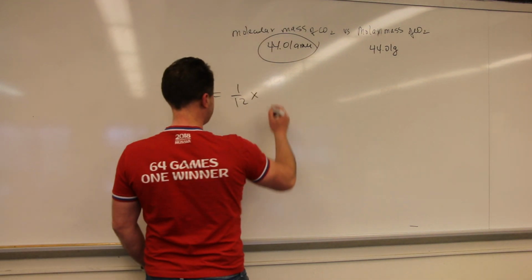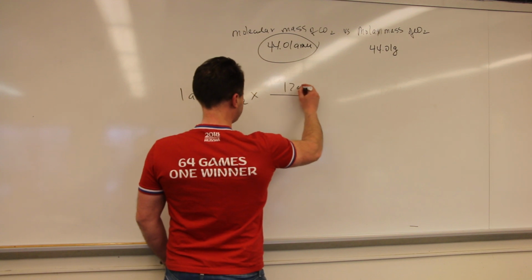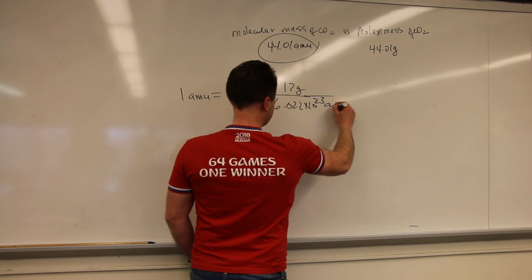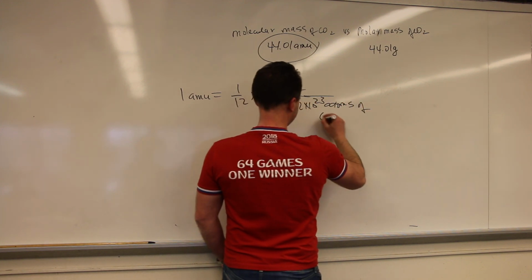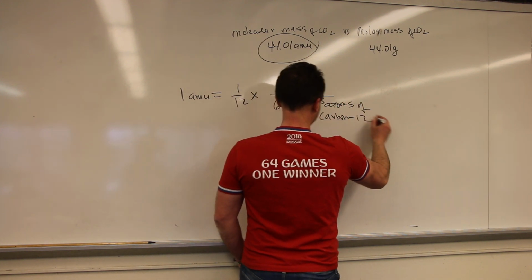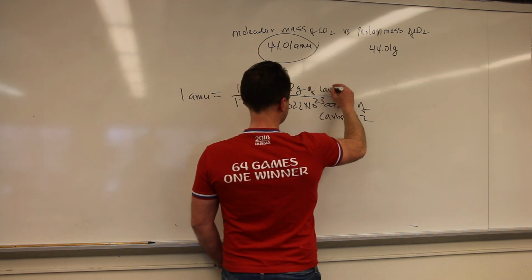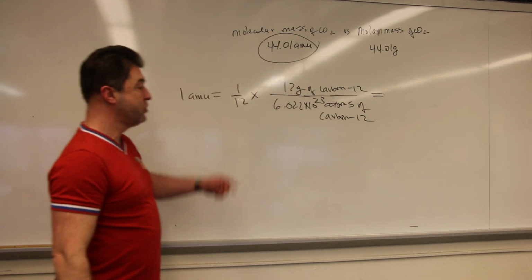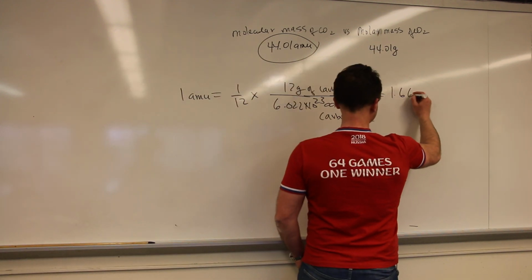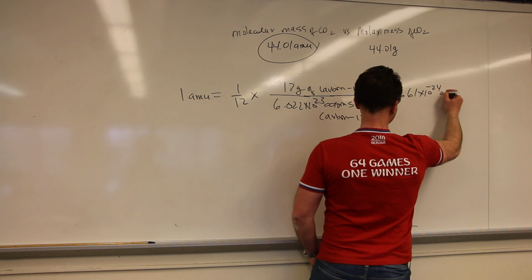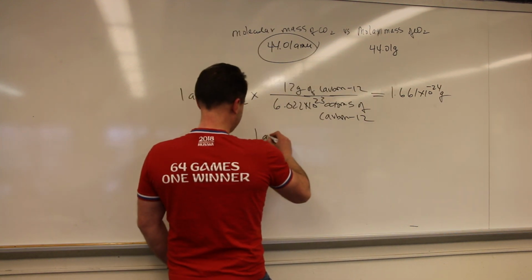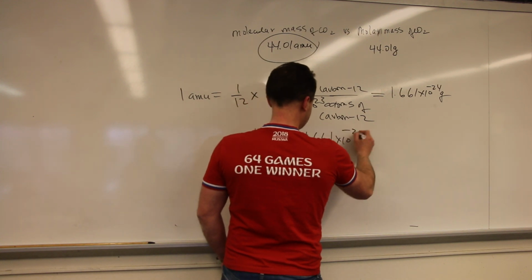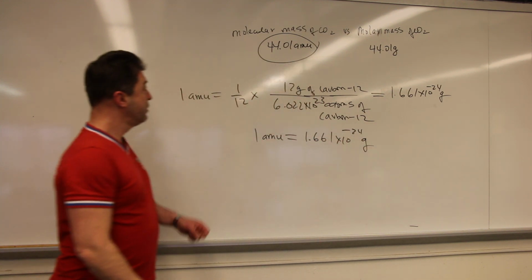And so we do the following: 1/12 times 12 grams divided by Avogadro's number of carbon-12. And when you do this calculation, you're going to come up with 1.661 times 10 to the negative 24 grams, which will give you the conversion from AMU units to grams.